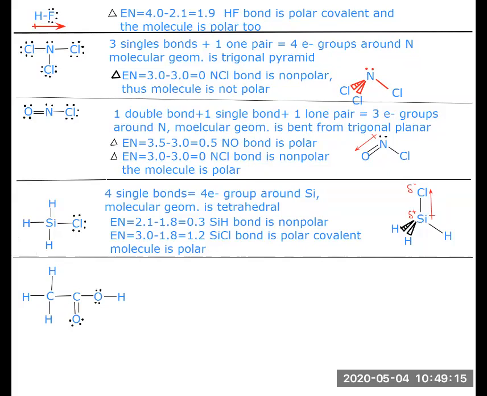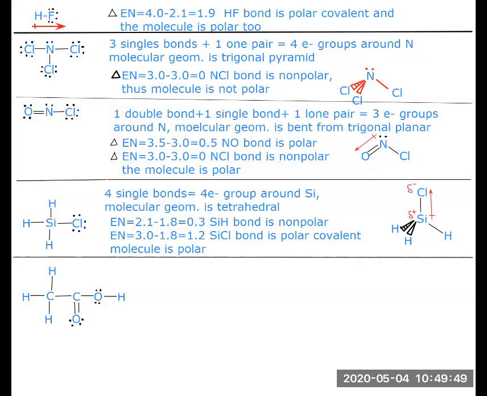So here, that first carbon that has 3 hydrogens and 1 carbon around it is a central atom, and you can find the shape around that one. The other carbon here is also a central atom, so you will find the shape around that one separately. And you can even consider the oxygen here a central atom and find the molecular geometry around it. So let's be organized. We'll start with the first carbon, then the second carbon, then the oxygen.